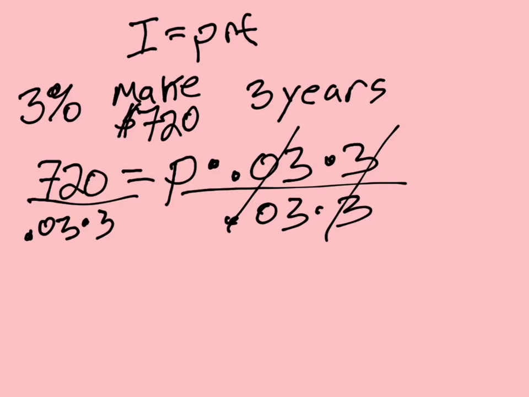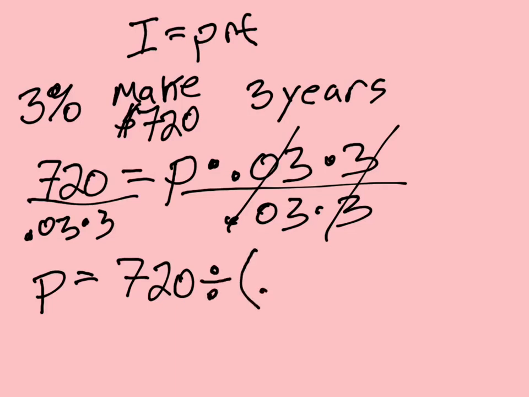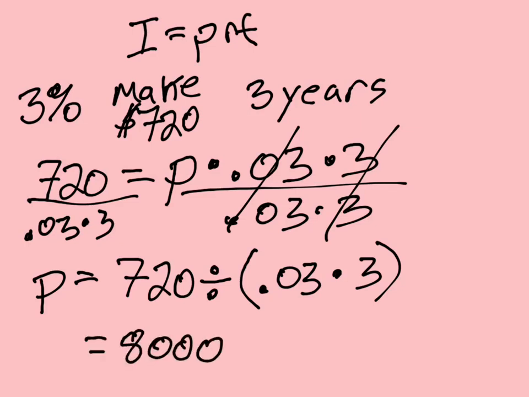And I get P is equal to 720 divided by 0.03 times 3. And so I can do that on my calculator. So I get 720 divided by, open parentheses, 0.03 times 3, close parentheses. And so I get that I need to invest $8,000.